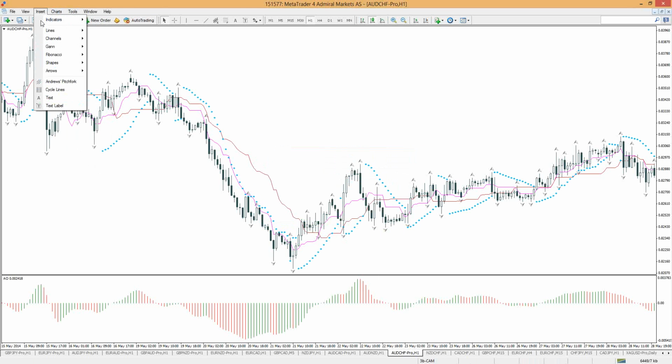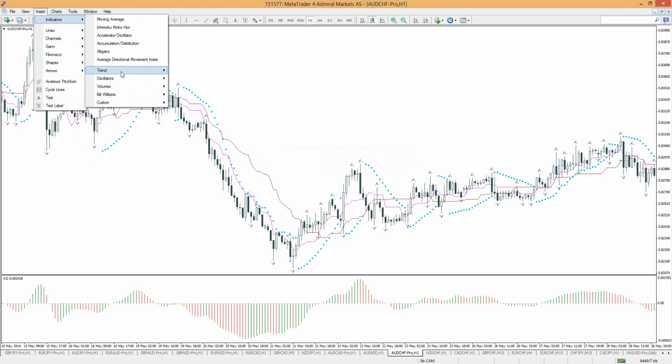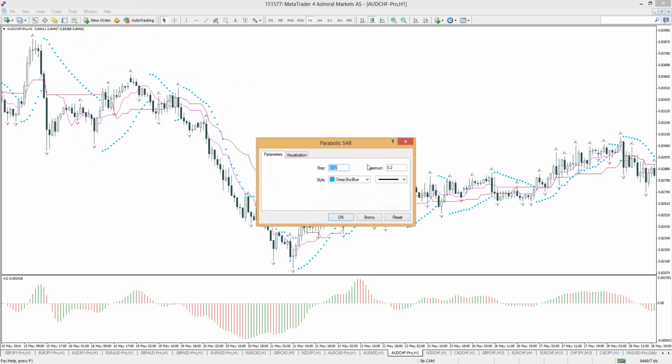Then we had 2 parabolics, a 2 and a 5. My goal is really to keep it as simple as possible.